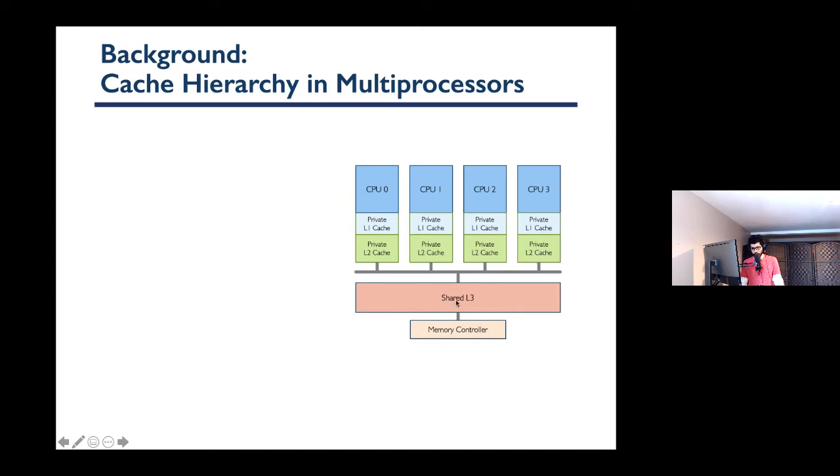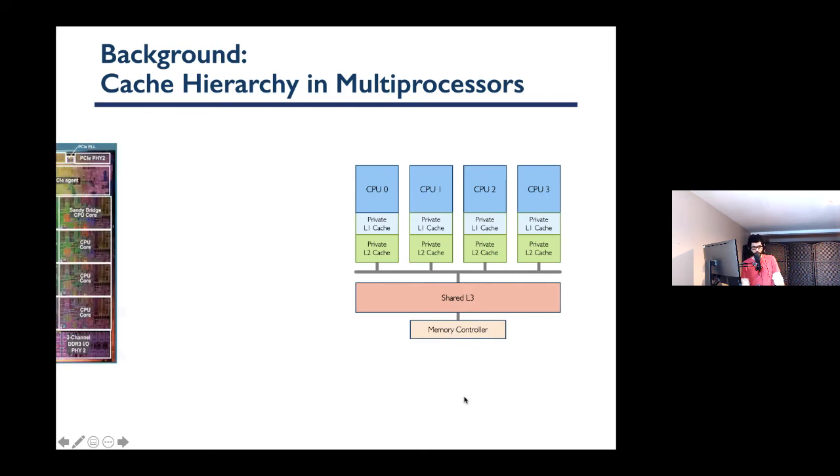But then all of them share this L3 cache. This is a shared cache. All of them are connected through an interconnect to this shared cache. And then from here, they go to this memory controller and beyond. This is the shared last level cache, and then from here they go to access the memory.